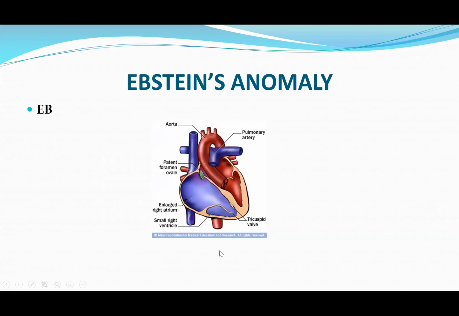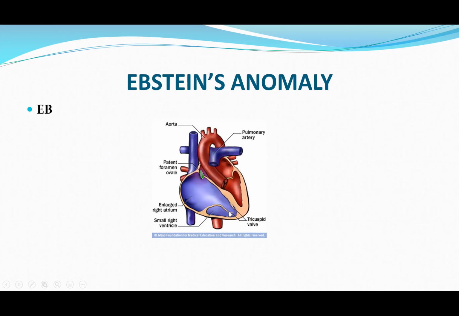Okay. Now, Epstein's anomaly. In Epstein's anomaly, what happens is there's failure of delamination of the tricuspid valve as it develops. So the tricuspid valve leaflets are adherent to the myocardium, so they are displaced apically.